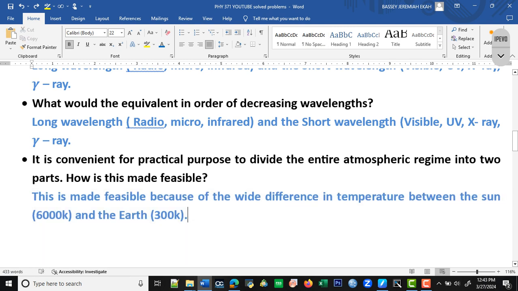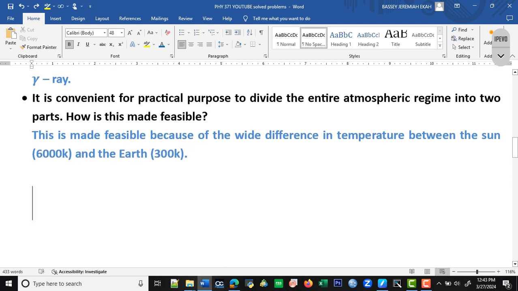So we have that this is made feasible because of the wide difference in temperature between the Sun and the Earth.